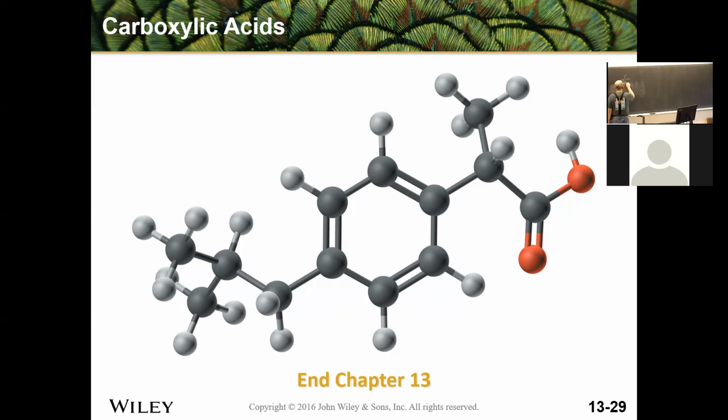So this is methanoic acid, and the common name is formic acid. The origin of this name comes from the Latin word formica, which means ant.